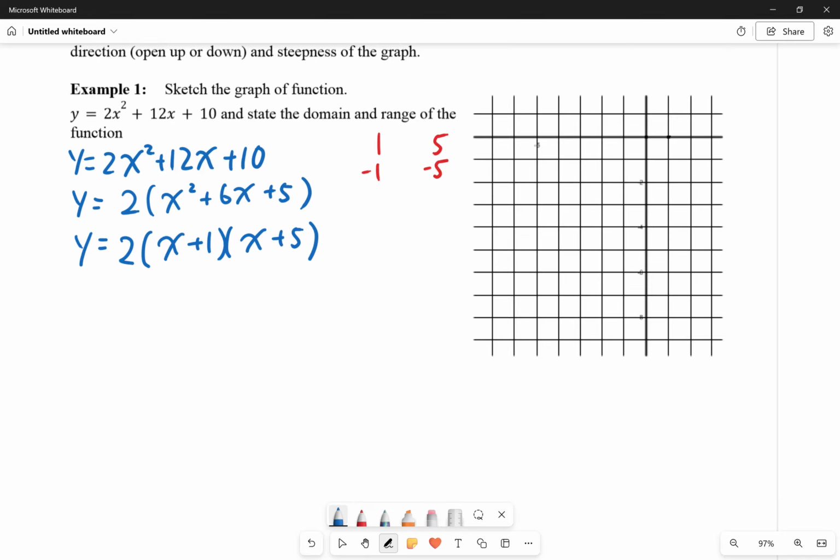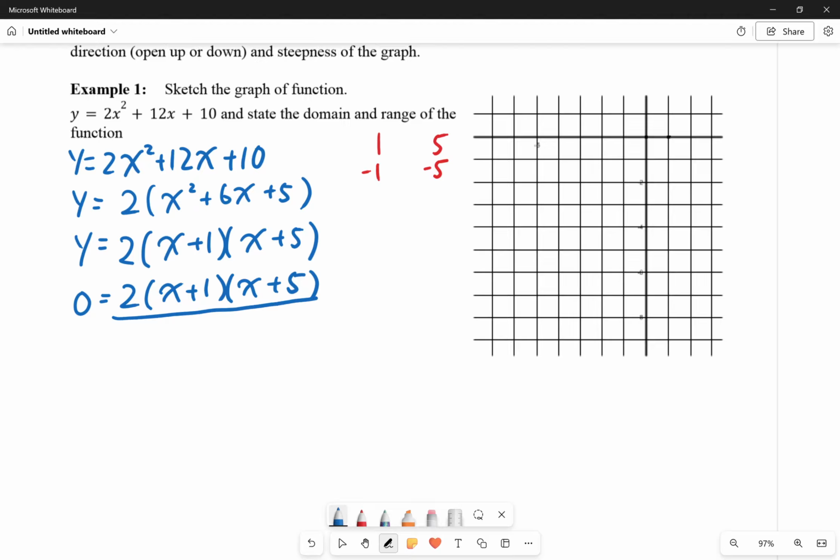Okay. Once I get here, what I do is I turn the y equals into a 0 equals. I'm trying to solve for the x-intercepts by doing this. So I'm going to say, okay, this is 0 is equal to 2 times x plus 1 times x plus 5. Okay. So once you get to this point, you'll realize that 2 doesn't matter, because I can just divide everything by 2.